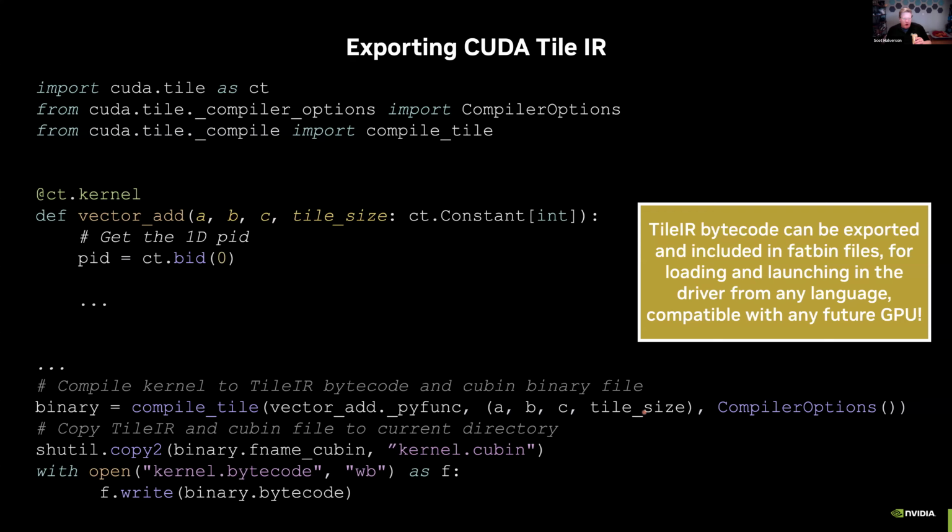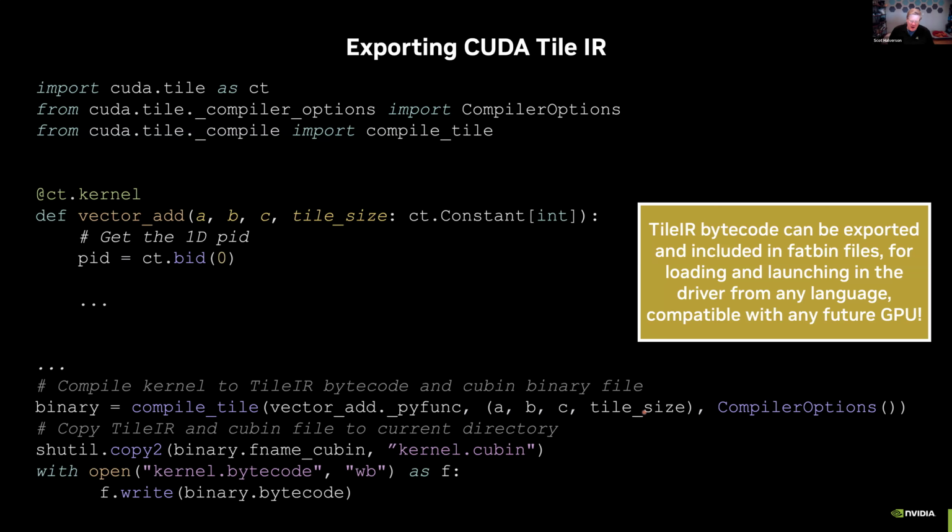So exporting the CUDA tile intermediate representation, this is something that is, I think, pretty interesting as well. It's a capability that is provided. So the idea here is that you can use the intermediate representation to generate code and then share that and include it with your executable, for example, right?